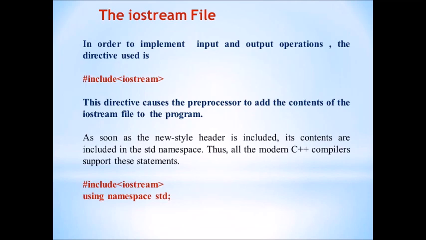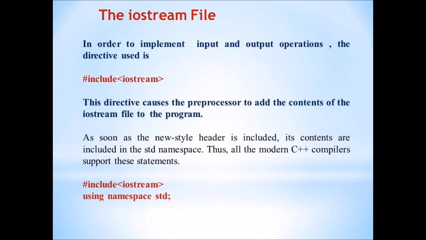This defines a scope for the identifiers that are used in your program. For using the identifiers defined in the namespace scope, we must include the using directive, like using namespace std. Here std is the namespace where the standard class libraries are defined.